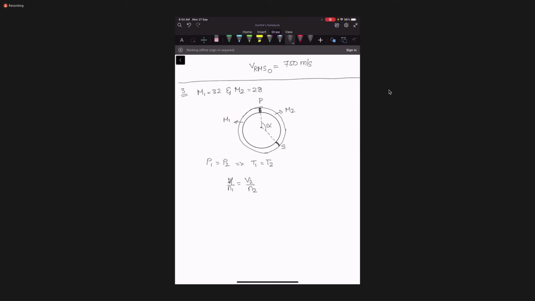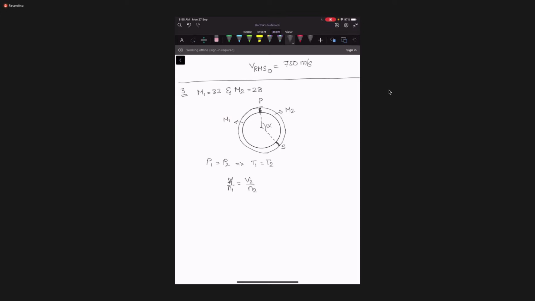He is asking the angle, so I'm trying to get the angle. Volume I'll take as area into length.